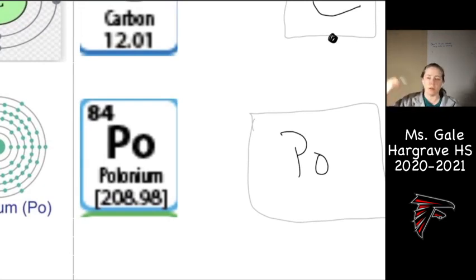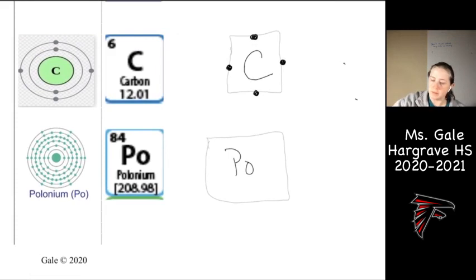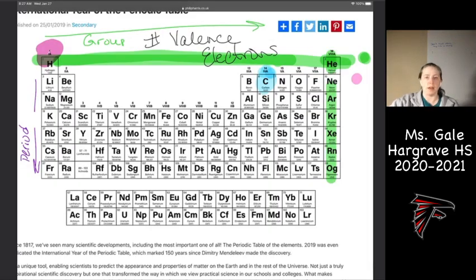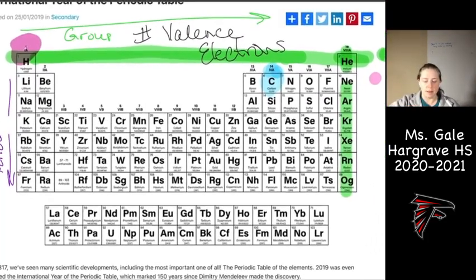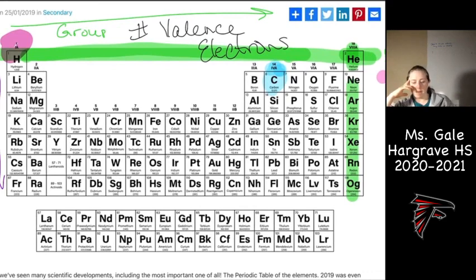Pause the video, go look up your periodic table, and find out what group. And here's one right here if you want to look at it. Pause it and see if you can find it. So Po is polonium.